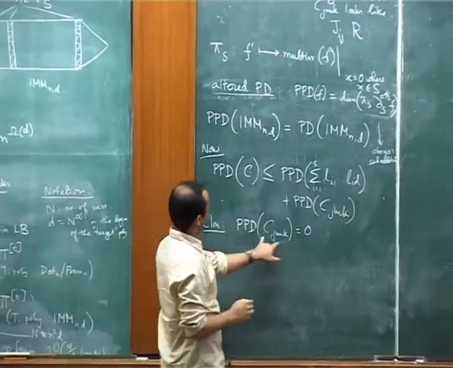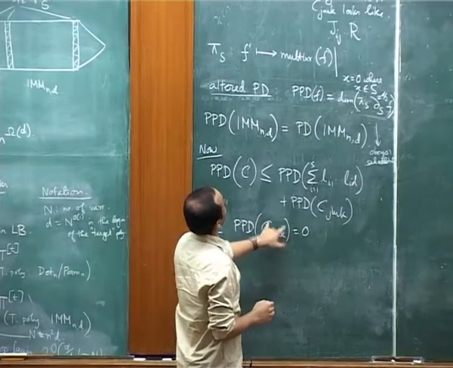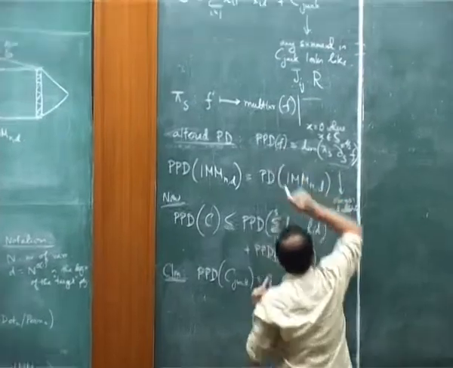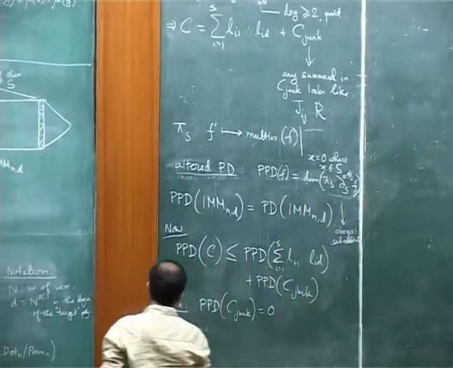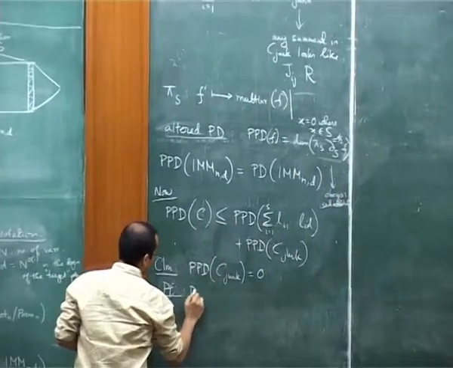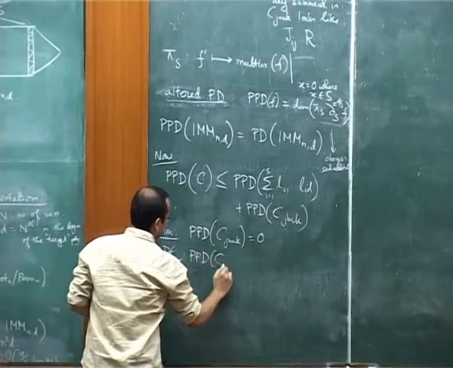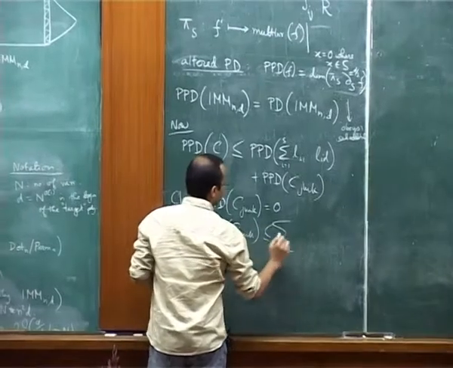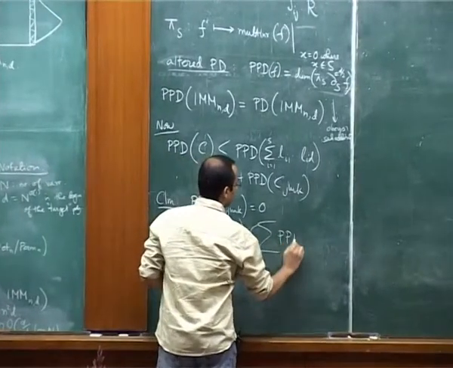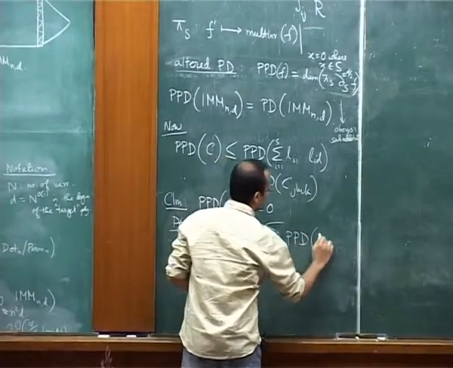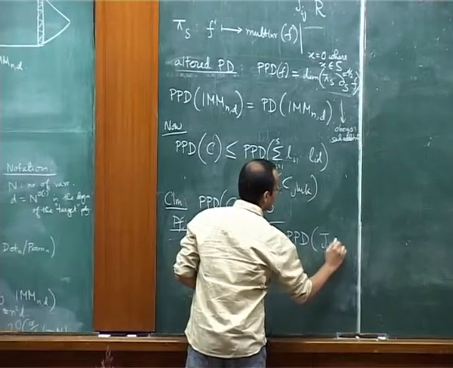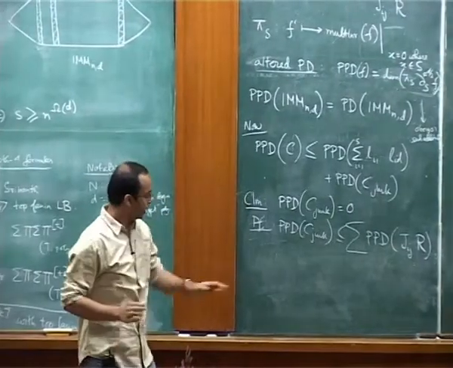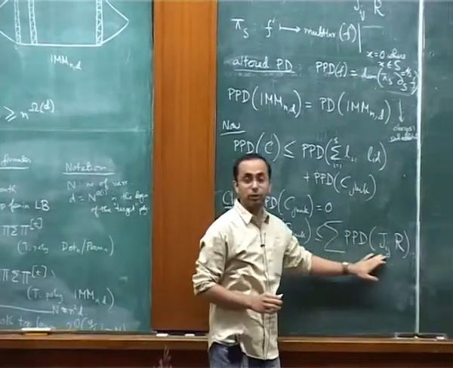Now I know if I expand C-junk, every summand will look like this. It has one J term. So let's try to do a quick proof of this. So PPD of C-junk by subadditivity will be a long summation PPD of each of these, right? I don't care about the summation. I will show that each of them is 0.